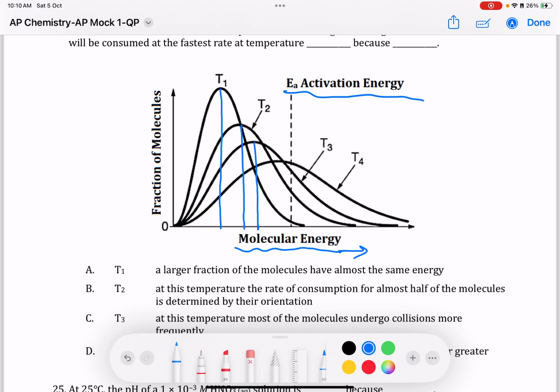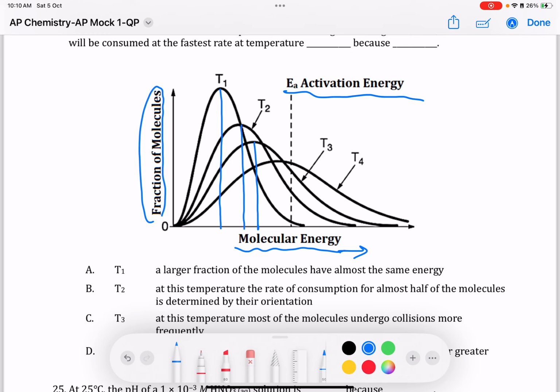Why I'm saying majority, because this is the maximum fraction. So most of the molecules have this kind of energy at this temperature.